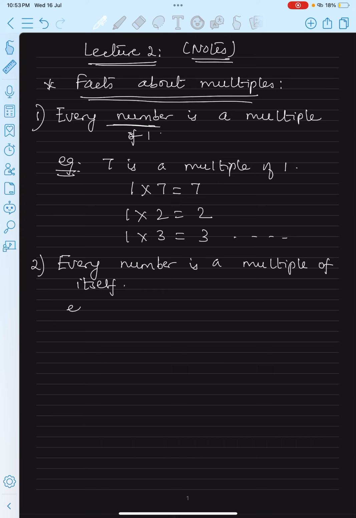That is, if I say that 3 is a multiple of 3, in mathematical form, how will I write? 3 1s are 3, right? So 3 is a multiple of 3, correct? Similarly, I can also say that 4 is a multiple of 4.